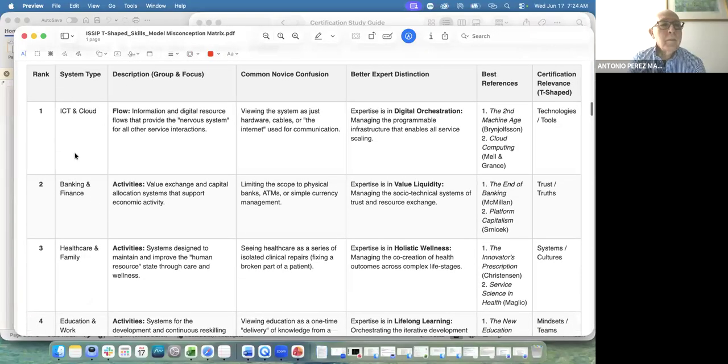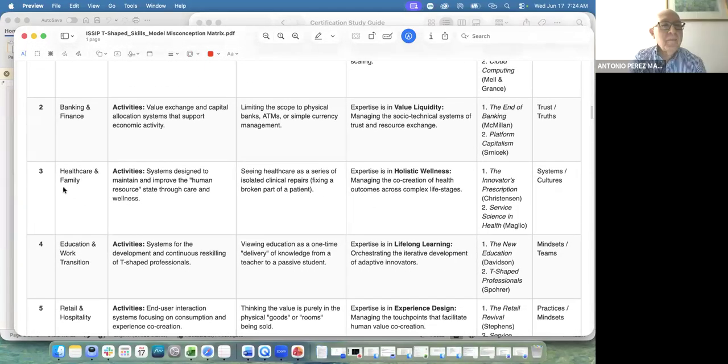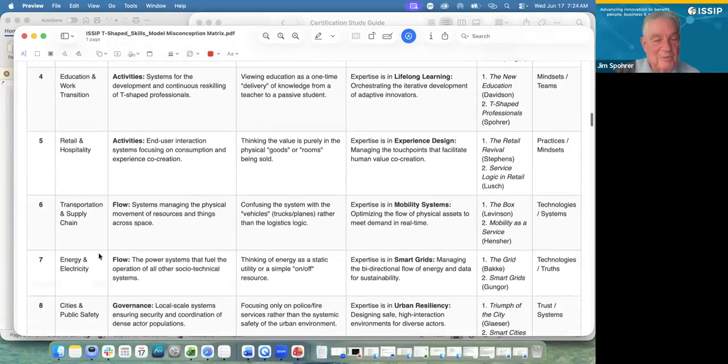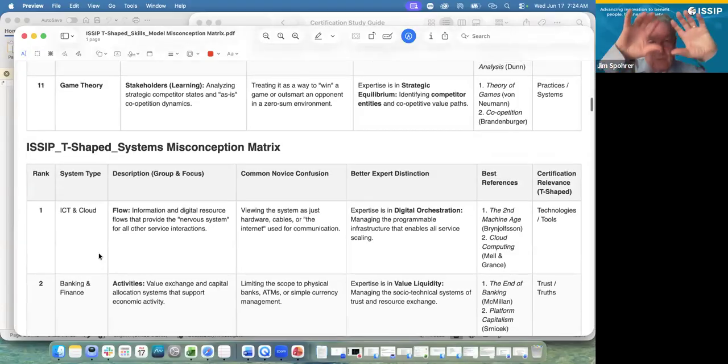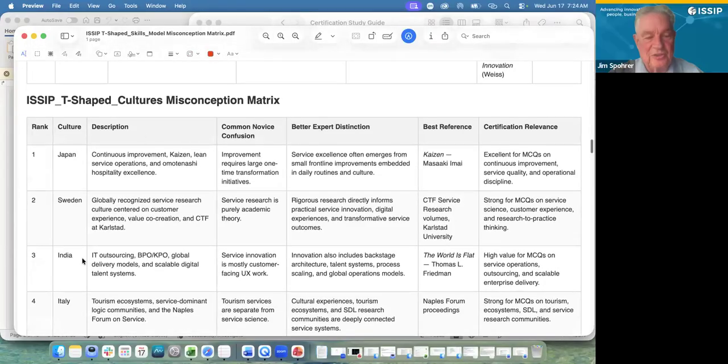Some people just think about information technology. Other people just think about finance and banking. There's healthcare. So again, getting them to think about the depth areas and the breadth areas.